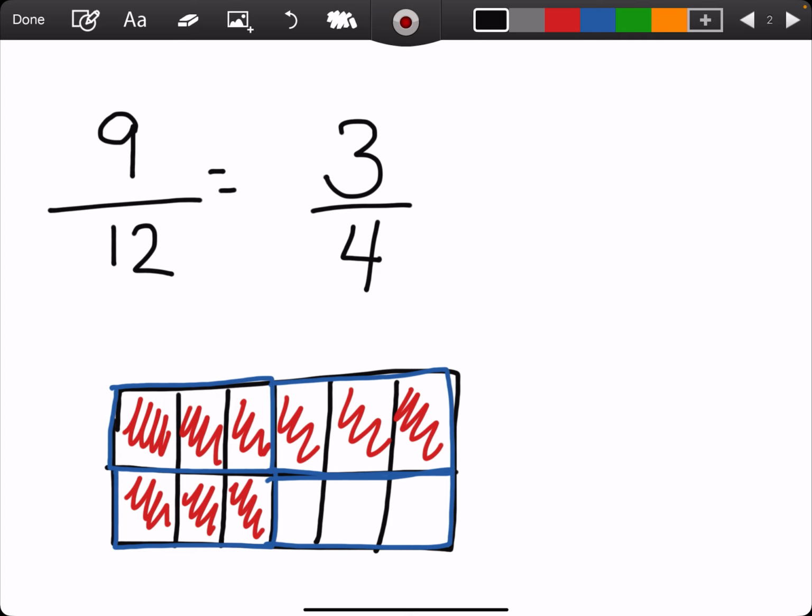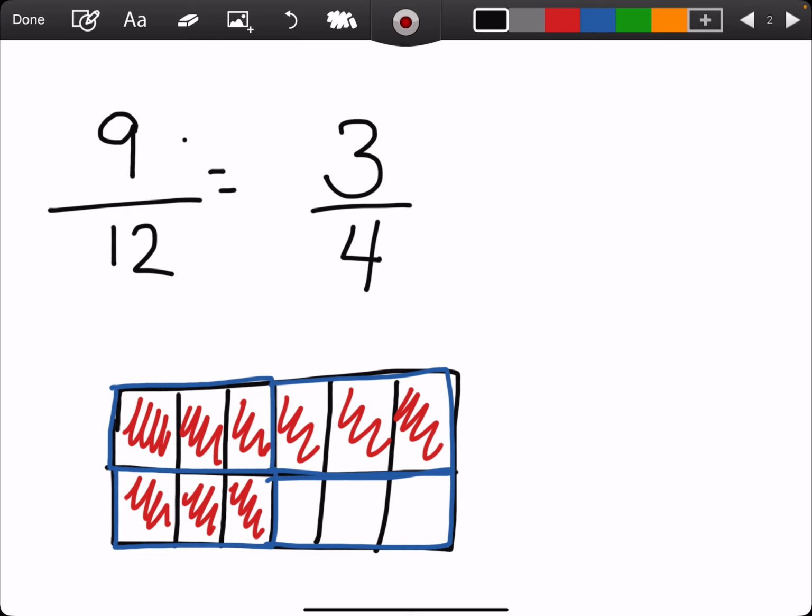9/12 equals 3/4. Now you want to say to yourself, well, how can I get from 9 to 3? Or what can I divide 9 by and also divide 12 by? This is where you need to know your multiplication facts, because you have to say, what times 3 gives me 9 and 4 times what gives me 12?